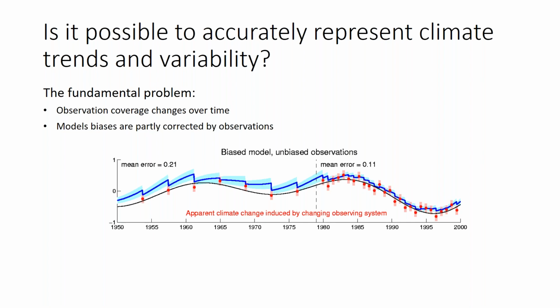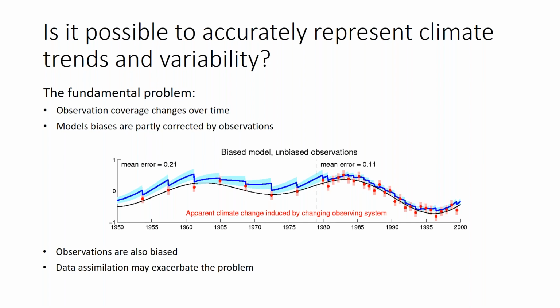And then what you see is that observations actually pull the forecast back to the truth, but that depends on the coverage. So if you are in a situation like this, you will actually see a false trend because the coverage changes suddenly and you have a smaller bias in the analysis than you had before. So this is very obvious and easy to understand.